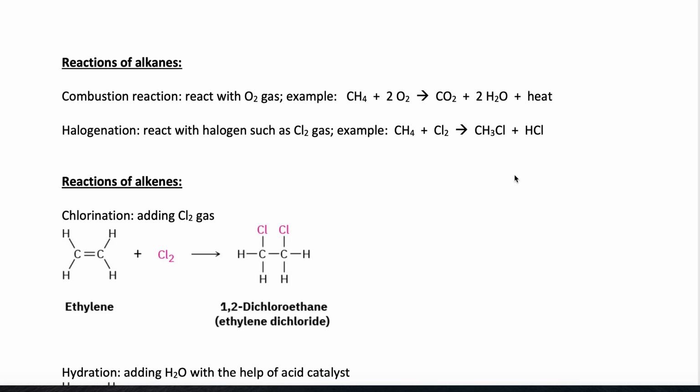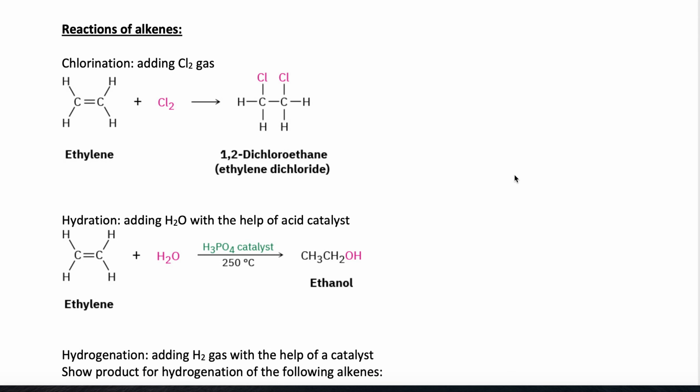Okay, so that's alkanes. For alkenes, because an alkene has a double bond, it tends to fill in the double bond. For example, chlorine gas, a halogen gas. Remember, carbon needs to have four bonds, and a double bond is one option, and that's known as unsaturated.